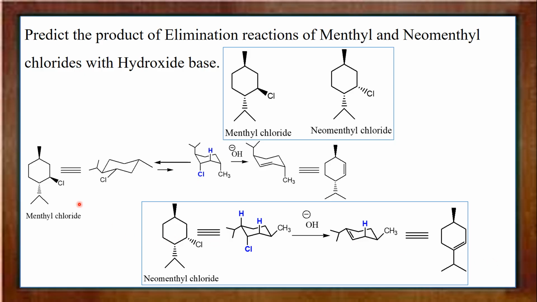So methyl chloride forms the less substituted, disubstituted product, but neomethyl chloride forms the more substituted alkene. So this problem is a very important problem for examinations also. You can practice this problem several times.